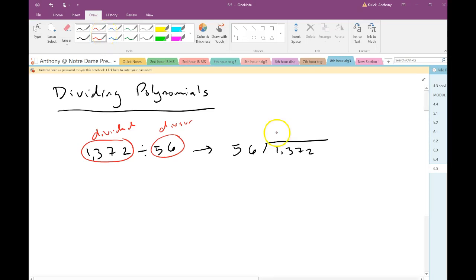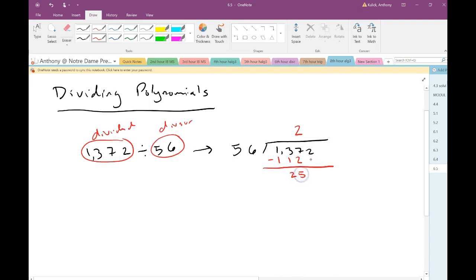And then we ask ourselves, how many times does 56 go into 1? And it doesn't. 56 go into 13? It doesn't. 56 go into 137? Well, that happens twice. So I do 2 times 56, that's 112, and then I subtract down.